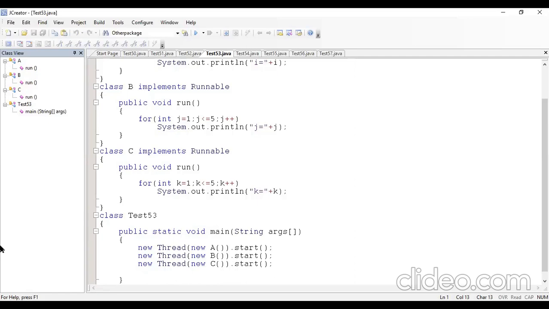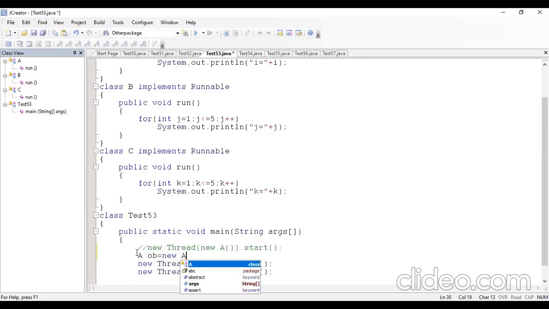So this line can be written in two steps also. If I break this line into two, the line will be like this. Class A, I'm creating an object of class A, OB equal to new A. Fine. So what is this A? This A is a class where we implemented that Runnable interface.